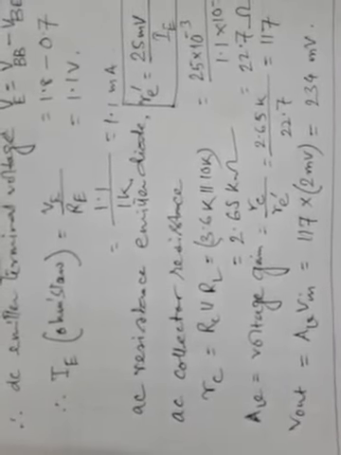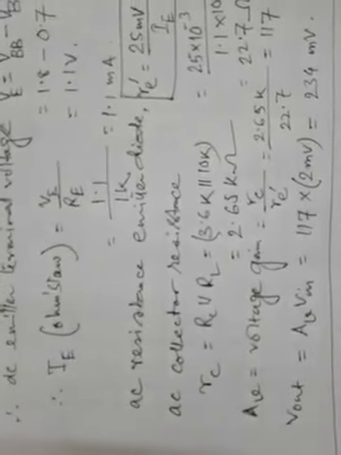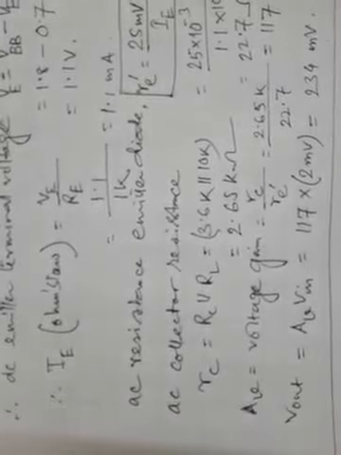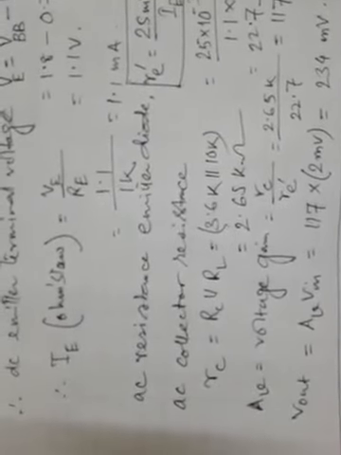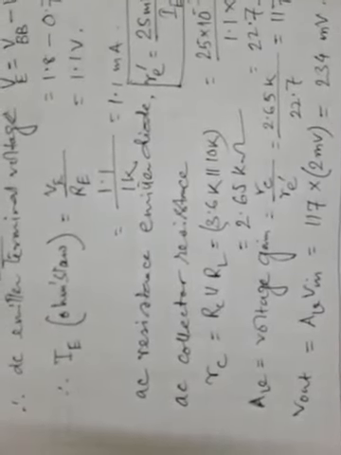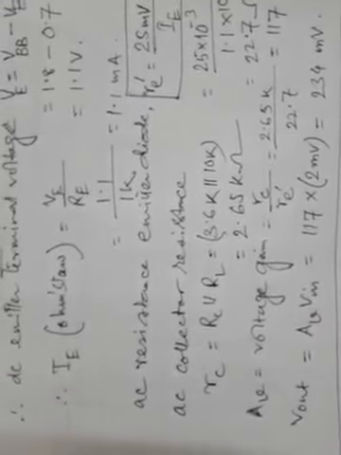Probably now you have understood why the transistor as a device can be used as an amplifier, a solid state electronic device which can amplify AC signals at the input. This example is the best proof of that.